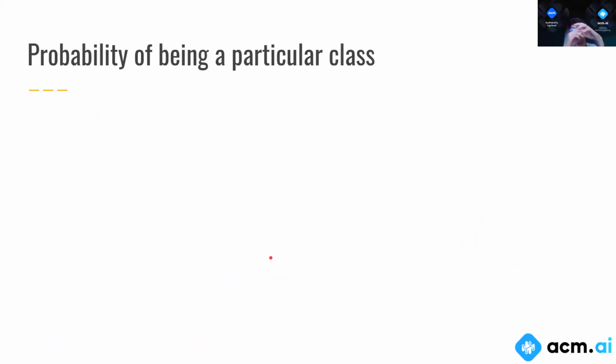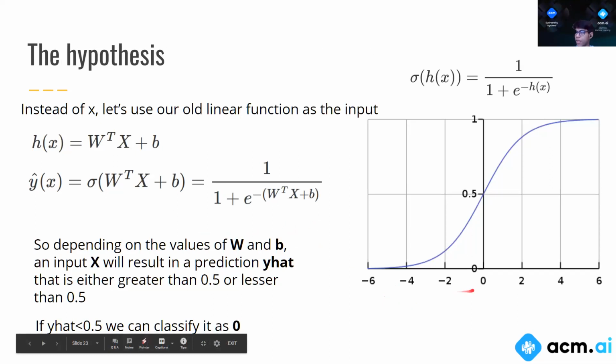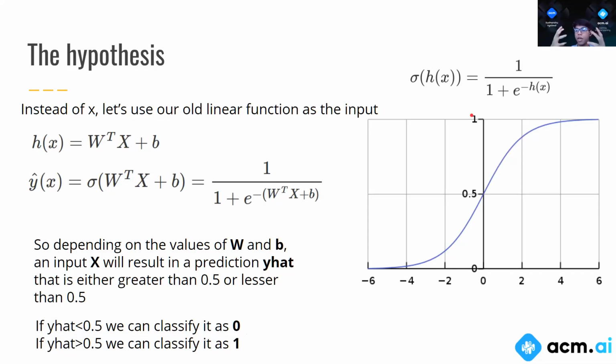Like we were talking, another way we can look at what our model is predicting is as a probability. It tells us how sure we are, how likely it is that this x should be classified as a 1 or as a 0. And since the sigmoid function outputs between 0 and 1, it very naturally gives us something that looks like a probability, because probability is always between 0 and 1.